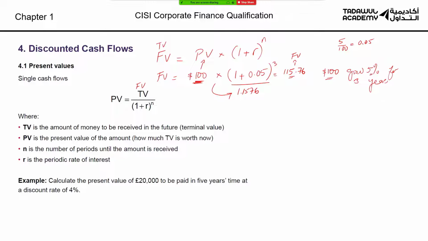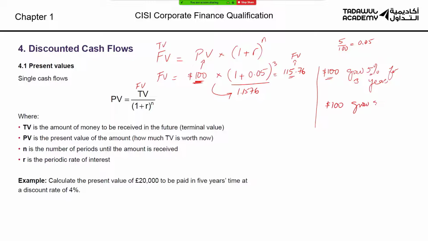Sometimes certain investments give you 5% per annum, but they distribute it twice a year. For example, bonds or some investments actually pay you twice a year. You still get 5% every year, but you get it twice. So 2.5%, 2.5%.